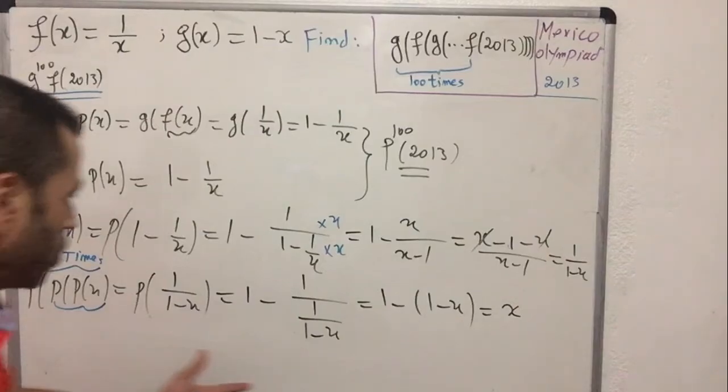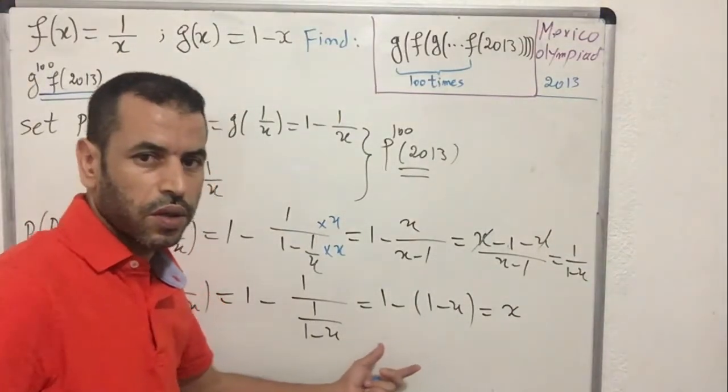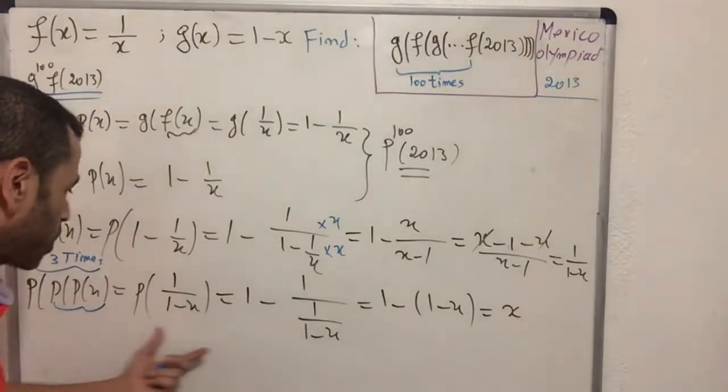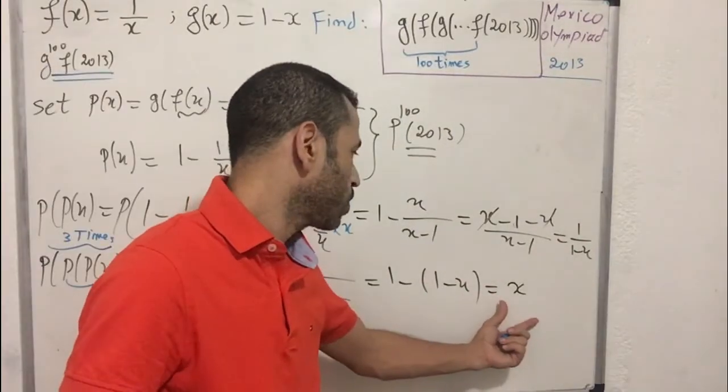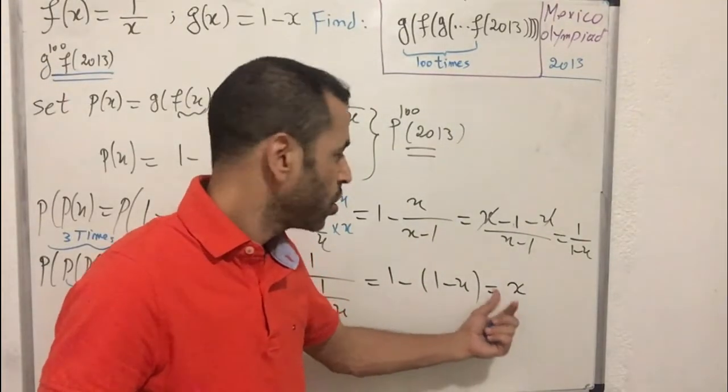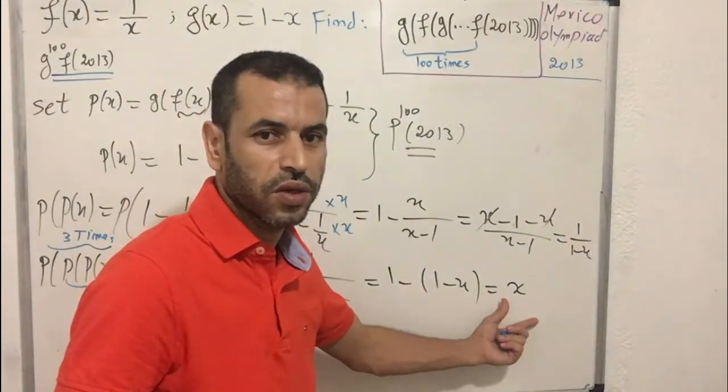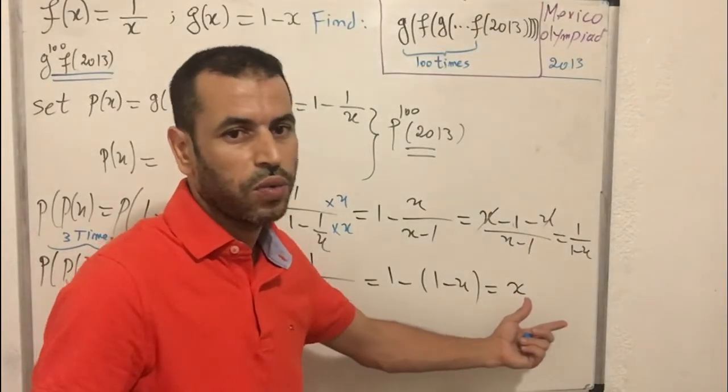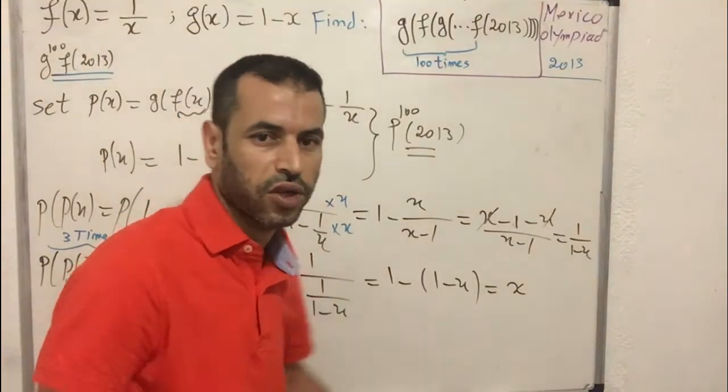As you see here, this function is composed with itself 3 times, and then we found the identity function x. Whatever you put into x, it will still be the identity function.